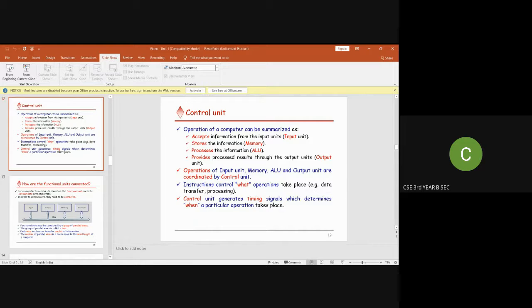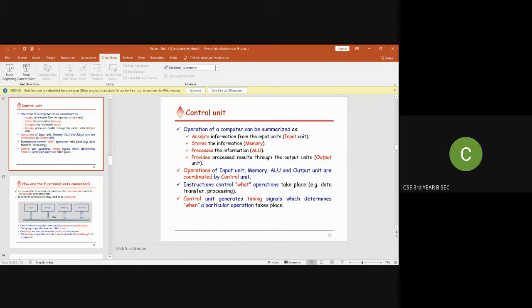So other than the control unit, we have four different units: input, memory, ALU and output. These are the main operations of each unit. The operations of the input unit, memory, ALU and output unit are coordinated by the control unit. The instructions control what operations take place on what data.